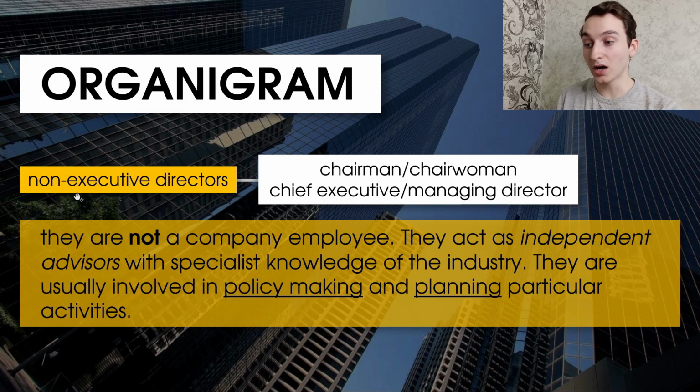Because non-executive directors are not a company employee, so they don't actually work for the company. They act as independent advisors with specialist knowledge of the industry. They are usually involved in policy making and planning particular activities and stuff like that.